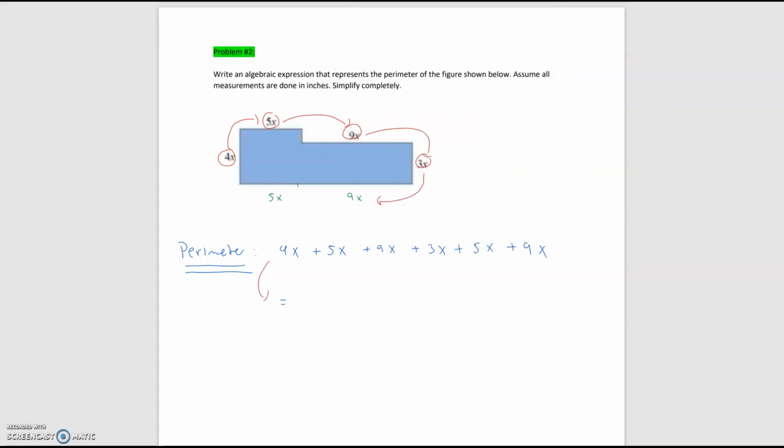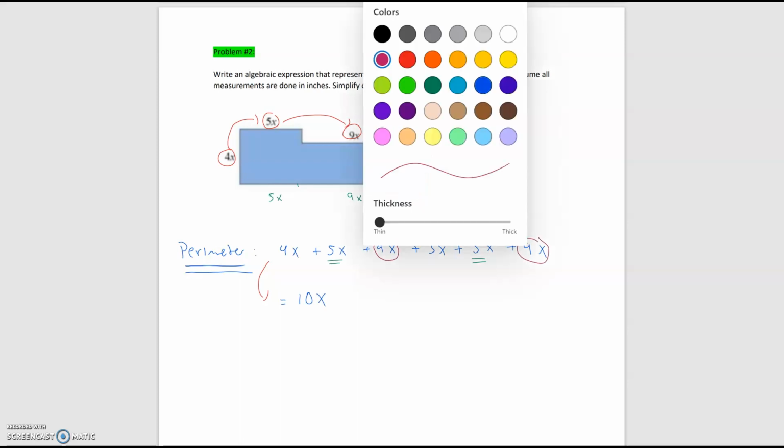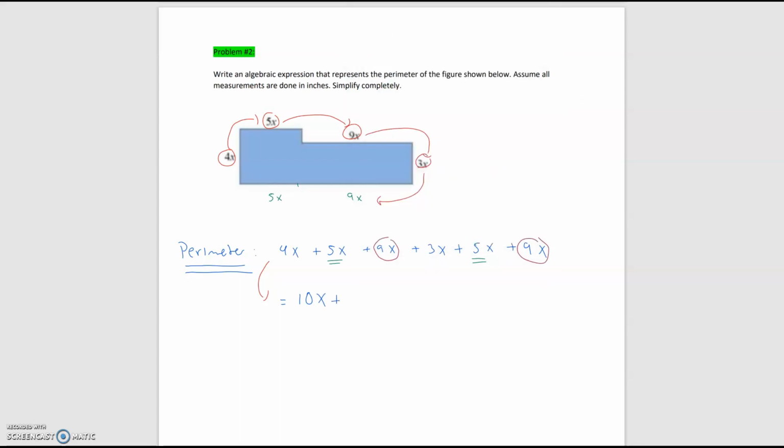And then let's combine like terms. Actually, they're all like terms, but let me start adding them. Let me double check there's no errors: 4, 5, 9, 3, 5, and 9. As I'm combining these, let me make it easier and add 5 and 5, which is a total of 10x. Then we can add the 9x and the 9x, and that gives us plus 18x.